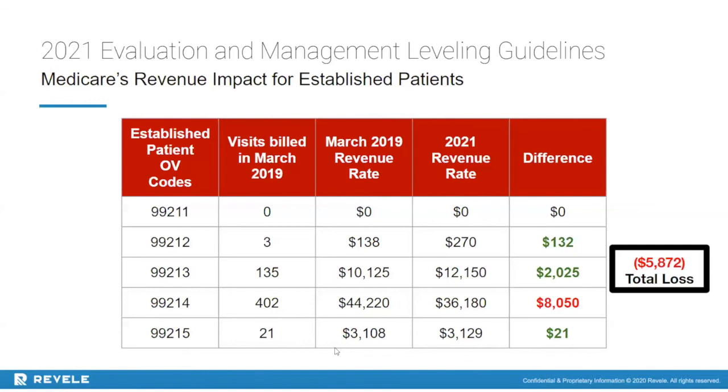And with 21 claims for code 99215, the revenue for 2019 is $3,108, and for the proposed rate of 2021, $3,129, with an increase of $21. So overall, you can see it would be a total loss of $5,872.